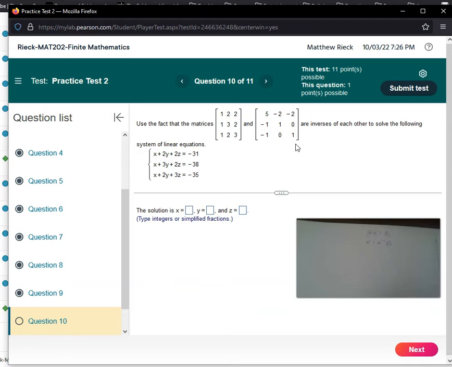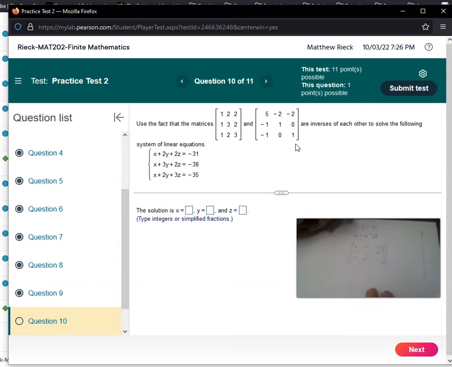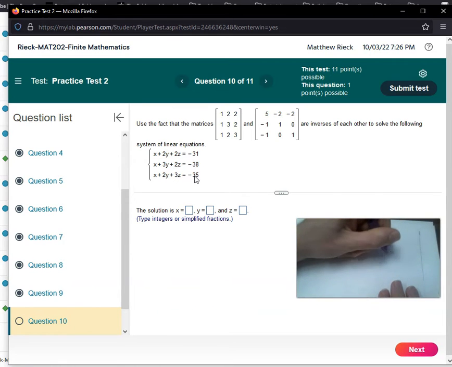To solve for my matrix X, I'm just going to take the inverse, 5, -2, -2, -1, 1, 0, and -1, 0, 1, times my matrix B, which consists of the entries on the right-hand side of your equal sign: -31, -38, and -35.